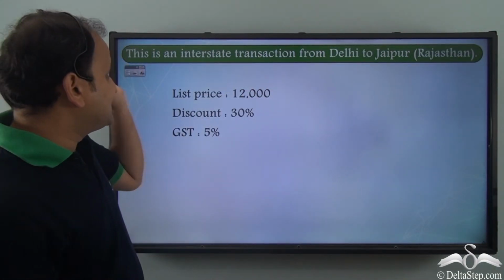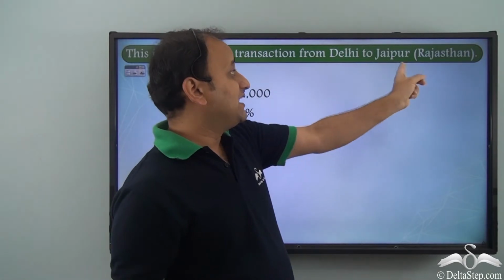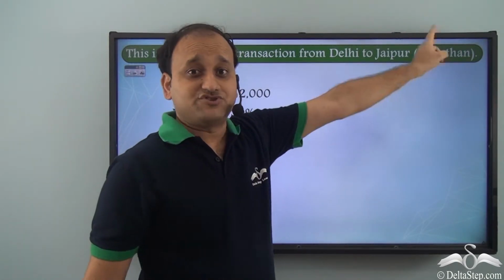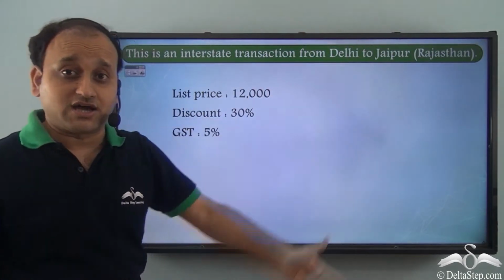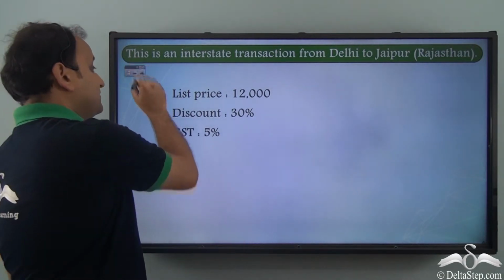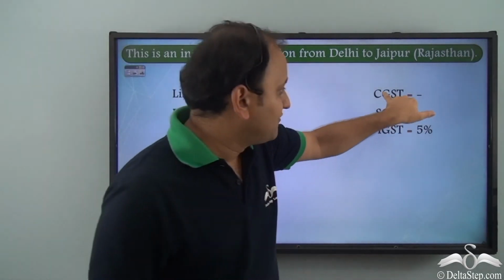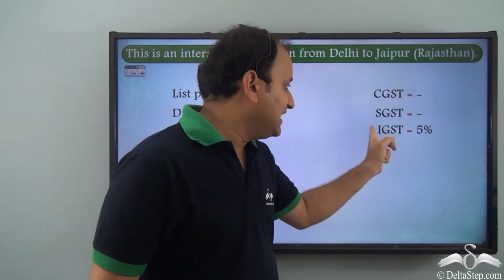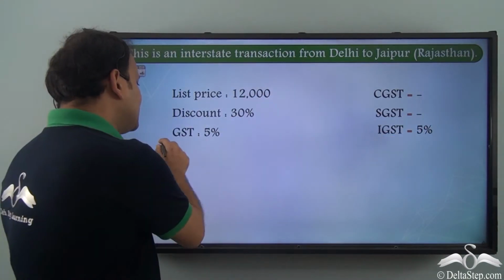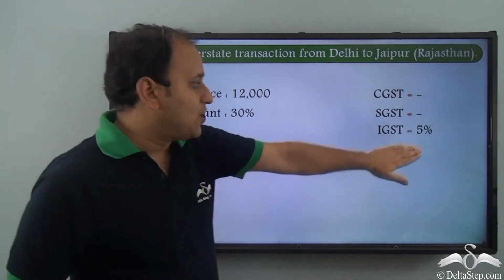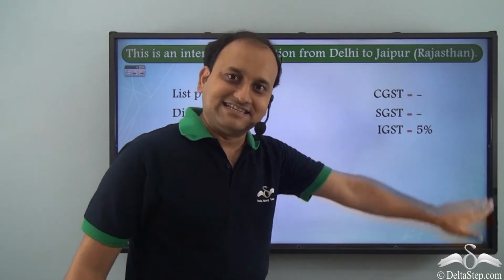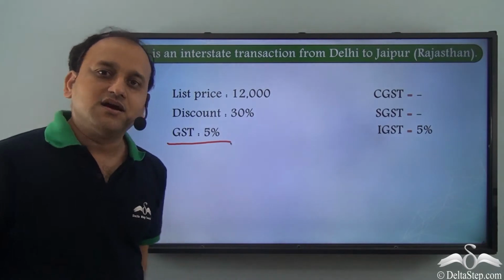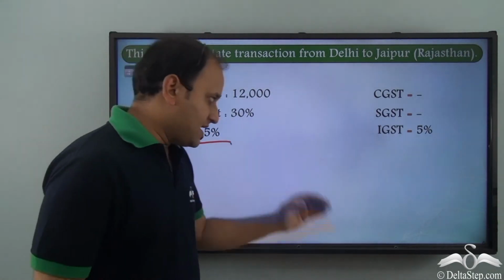So, we know that this is an interstate transaction from Delhi to Jaipur, right, which is in Rajasthan. So, Delhi to Rajasthan, interstate transaction. So, we will have no CGST and no SGST. There will be only IGST, which is the entire GST amount will be collected as IGST in this case by the central government, right.